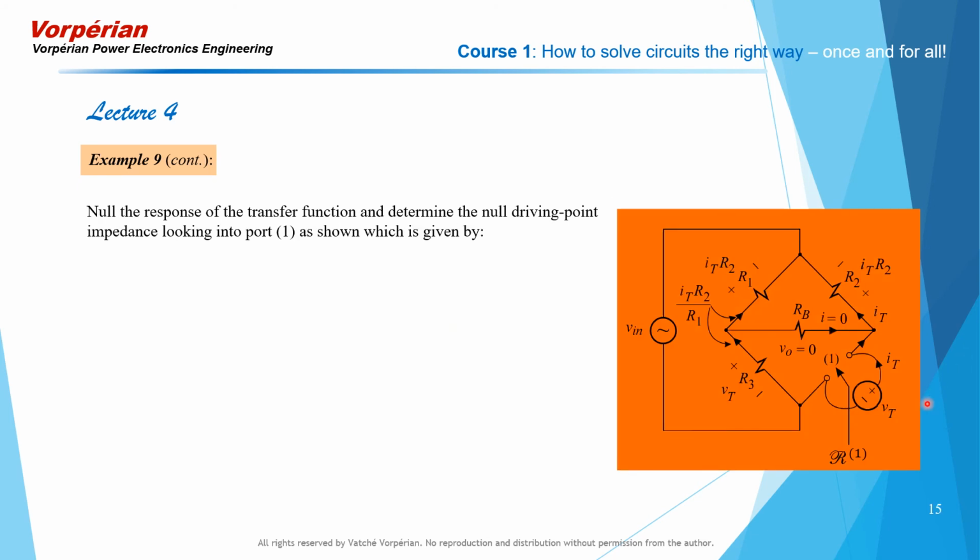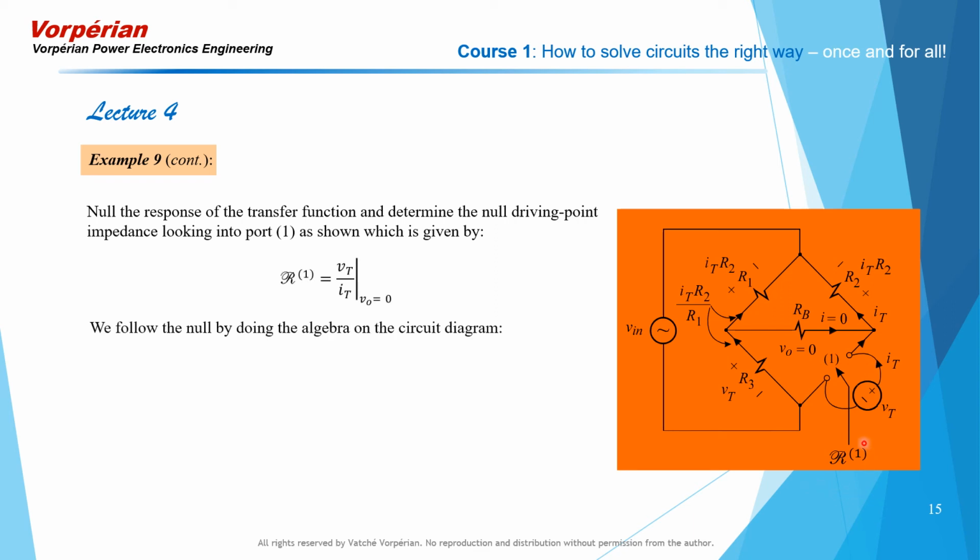Next, we want to determine the null impedance looking into port 1, whereby Vt and Vin will null the response across RB, the voltage across RB, so that the current through it will go to 0. And now we will do the algebra on the circuit diagram to determine Vt over It to get the null impedance script R1.